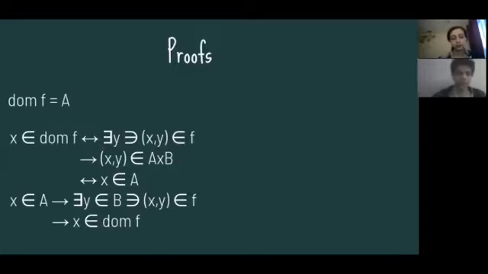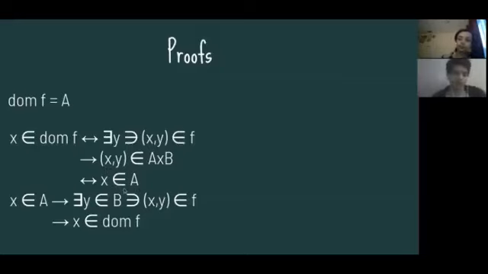And we said in the definition of functions that f is a subclass of A cross B. So if x and y belongs to f, then x and y belong to A cross B. But if x and y belongs to A cross B, this would imply that x belongs to A. And of course y belongs to B, but that second piece of information is not of importance here. So this implies that x belongs to A.